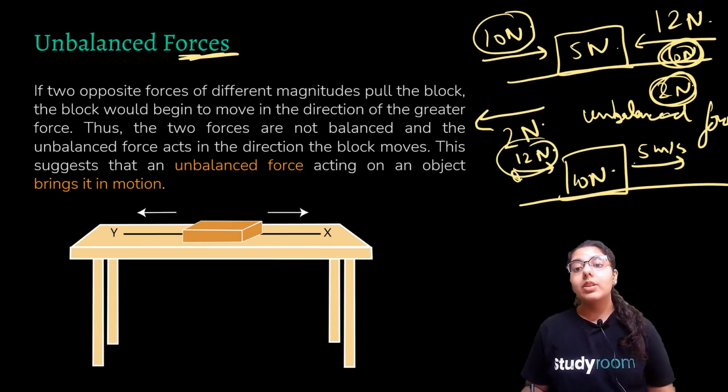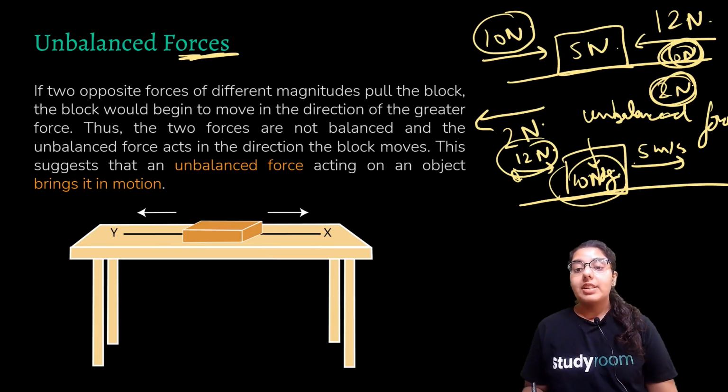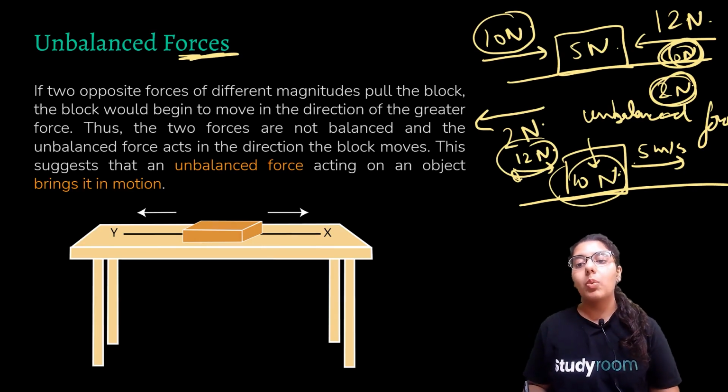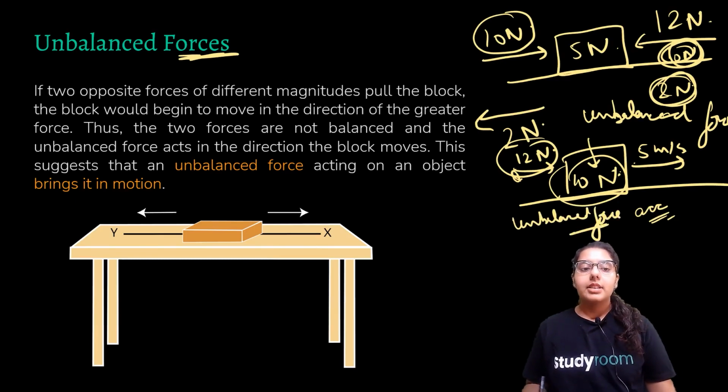Now you can see that the weight of your block is 10 Newton, right? And your friend is applying 12 Newton to it. What will happen? The block will start to accelerate. There will be a change in velocity. Why so? Because of the unbalanced force. Correct?